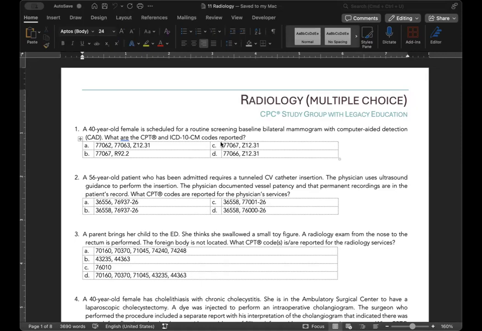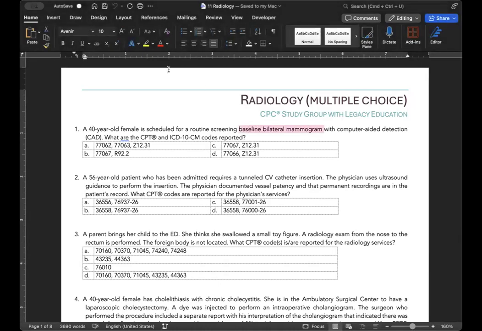So let's go to our 77067 and find our code description for that. So 77067 is our screening mammography bilateral 2-view study of each breast, including your computer aided detection or the CAD when performed.